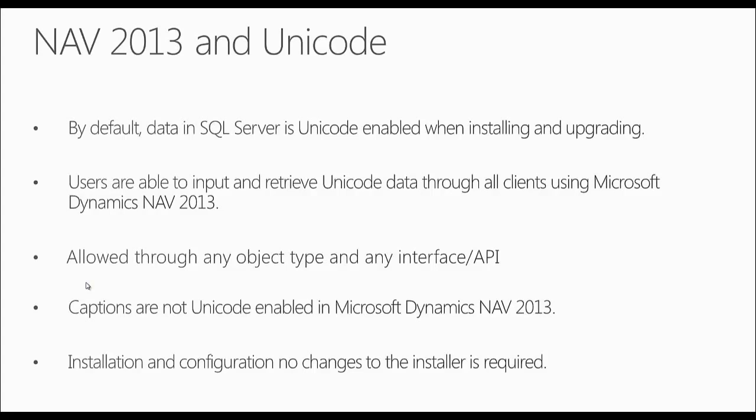It allows any object type and any interface API to manage and handle Unicode data. In NAV 2013, you can insert Unicode data and retrieve Unicode data, but the captions in the application itself are not yet Unicode enabled.